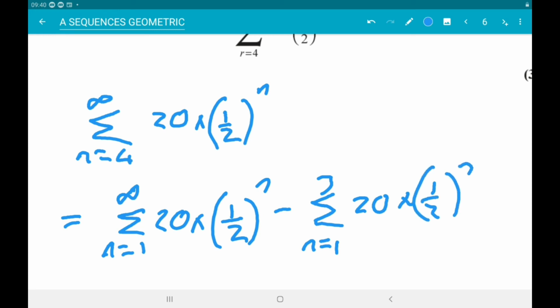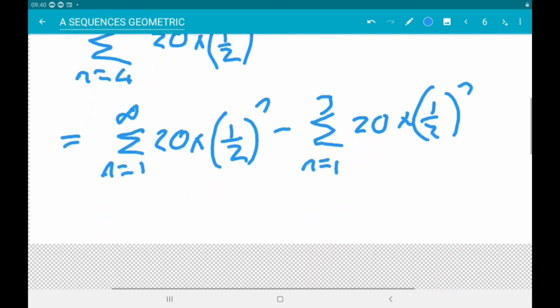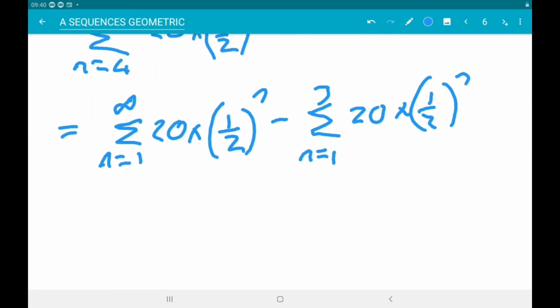Alright, so let's see. So a is going to be 20 times 1/2. So a is 10. And r is 1/2.